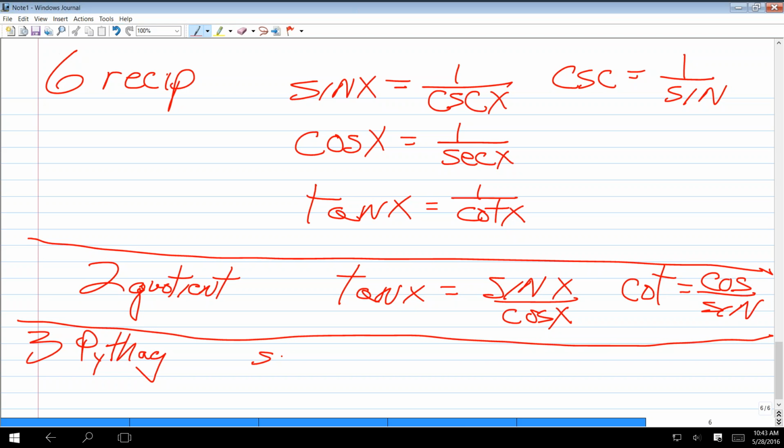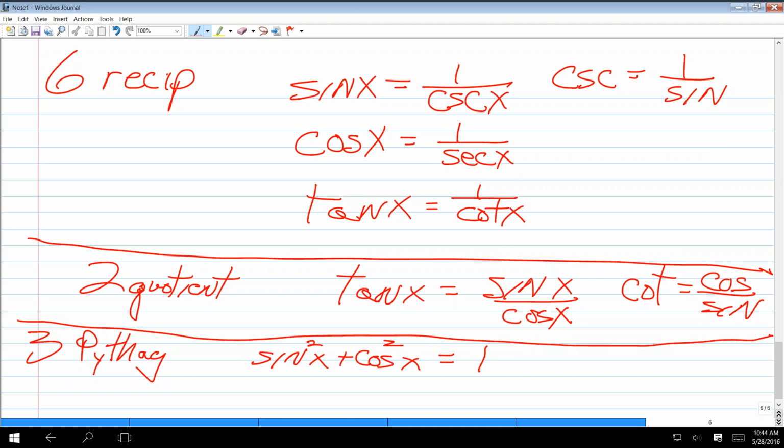Starting with the most important one, sine squared x plus cosine squared x equals what? 1. No matter the angle, always 1.